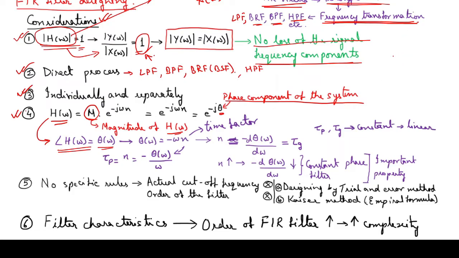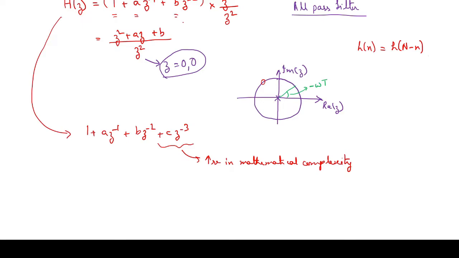Because when you design any filter, whatever filters you are designing, you have a certain number of poles and a certain number of zeros. Suppose this angle is minus of omega t. If I place another pole, it will be minus omega t, minus omega t. For these dual poles, the phases will be the same, and it will become minus of 2 omega t.